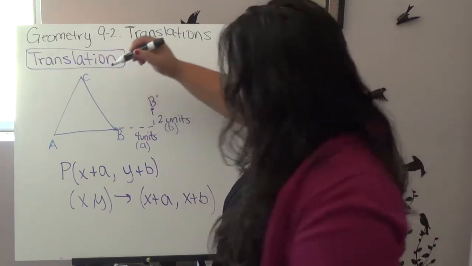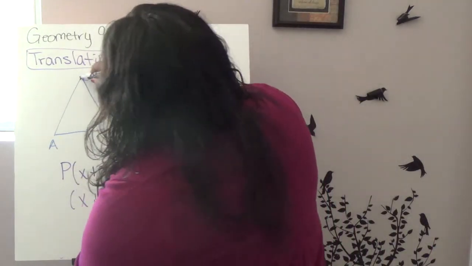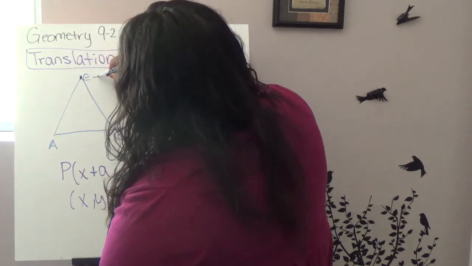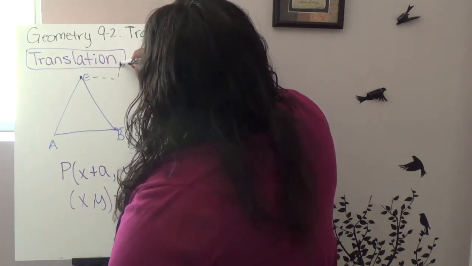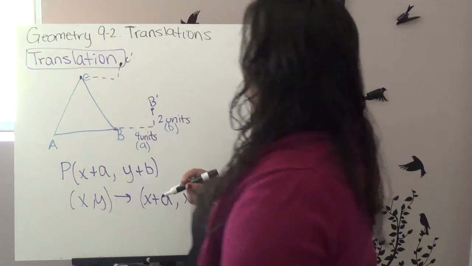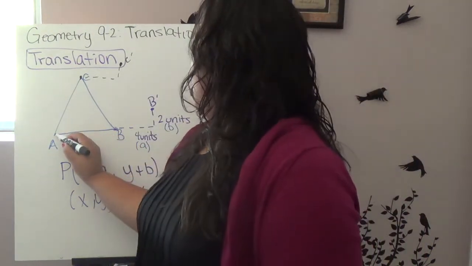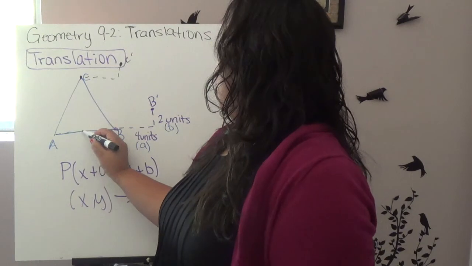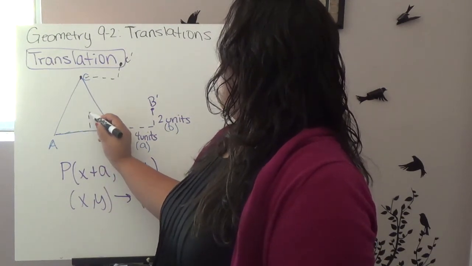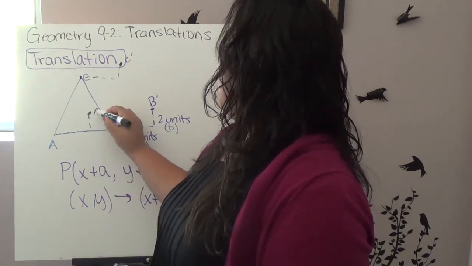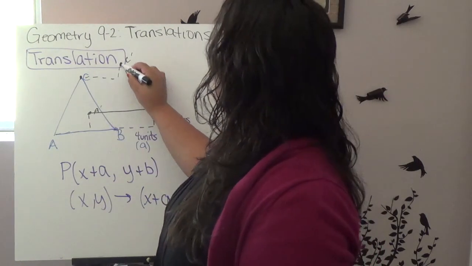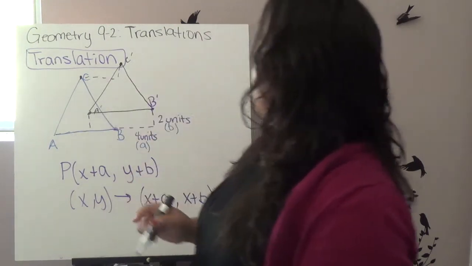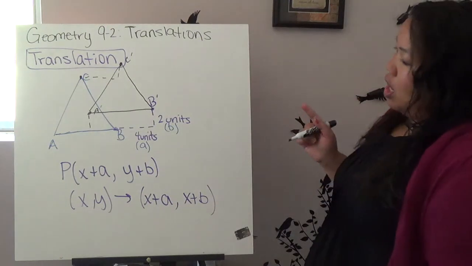I can do the same thing with C. I have 4 units, 1, 2, 3, 4, and 2 units up. This gives me C prime. Same thing with A: 1, 2, 3, 4, and 2 units up, and this gives me A prime. So connecting it, I've moved the entire thing 4 units to the right and 2 units up.